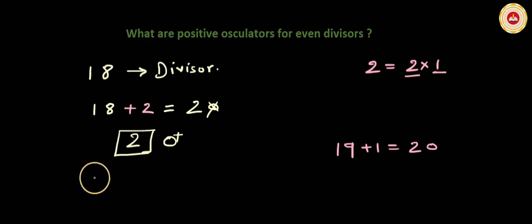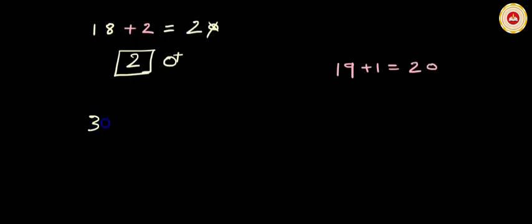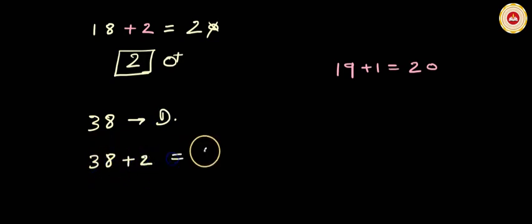Second example, if it is 38, what to do? 38 is the divisor. Write this 38, add 2 to this 38, you get 40. Now neglect this 0 and write 4 only.